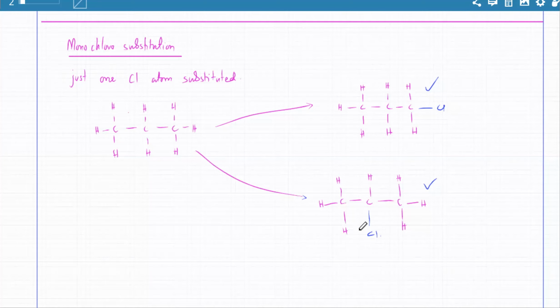They were just asking what is the probability of getting this, 2-chloropropane, and what's the probability of getting this one over here, 1-chloropropane. So they were asking for the probability of getting these molecules.